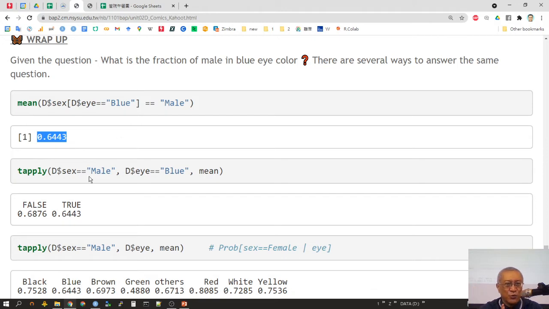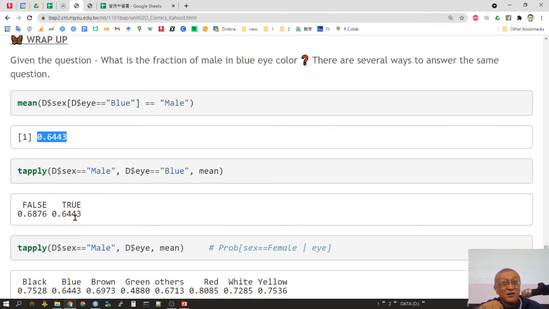When I have two, I actually can compare whether the blue-eyed color has a higher ratio of male or the non-blue color, isn't it? The reason that you want to use table or t-apply is because you want to do group computation and then compare between them, right? The purpose of group computation is to compare, right?